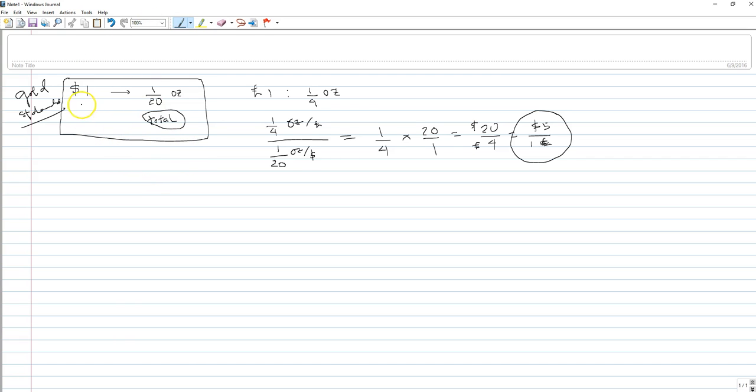Well, in order to preserve this exchange rate, the money supply will have to be proportional to the gold.